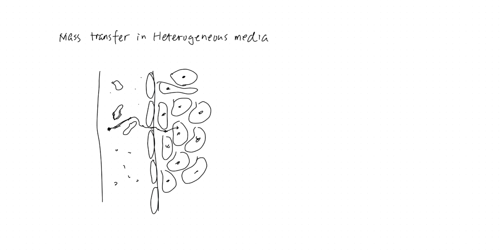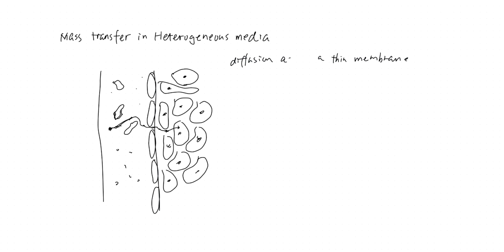Now, before we wrap up, let's look at diffusion across a thin membrane. We like to use a thin membrane mostly because it represents the epithelial walls.